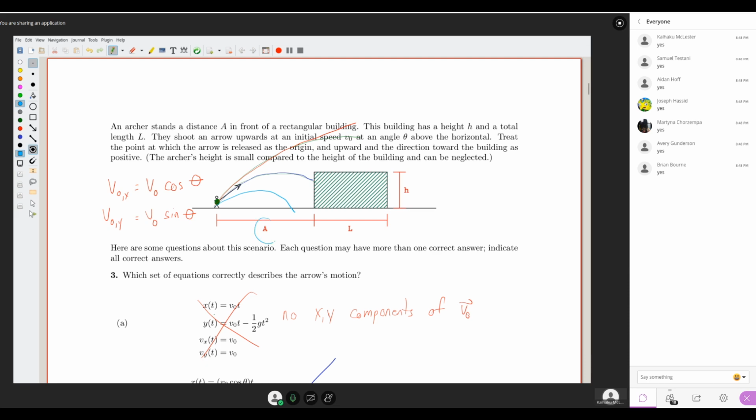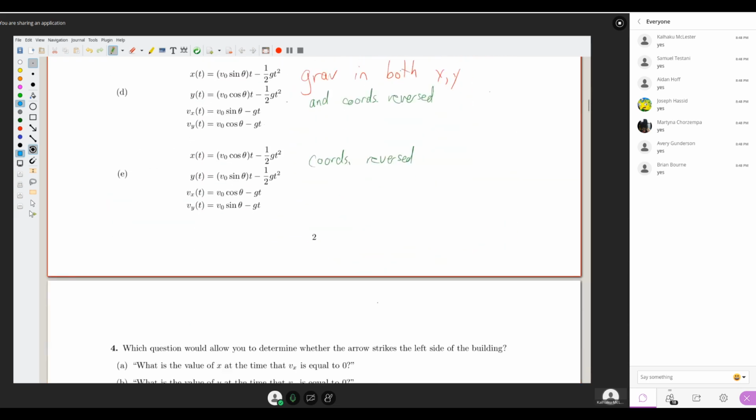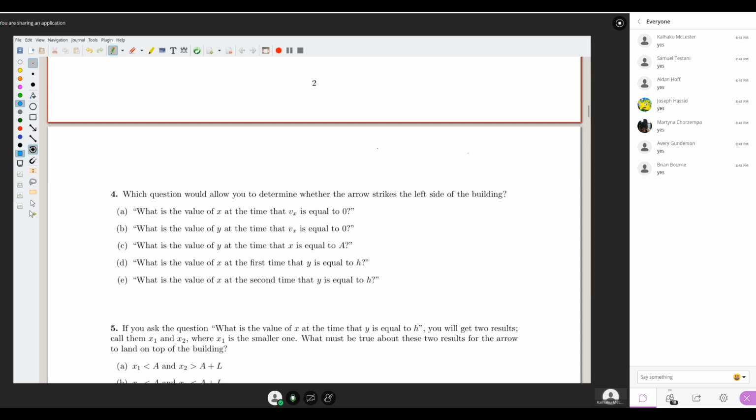Big A, again, is the distance to the building. So which one of these is it? Choice D. So we've got votes for choice D and choice C.